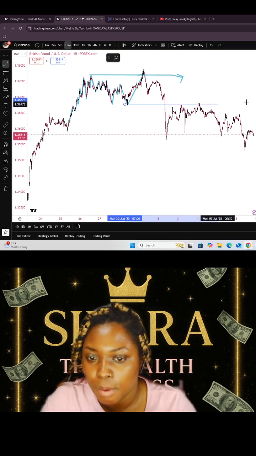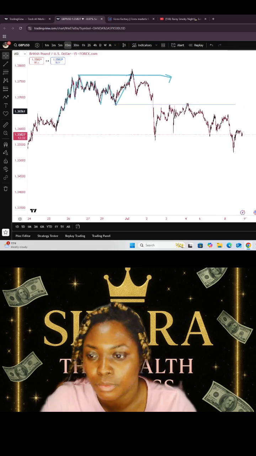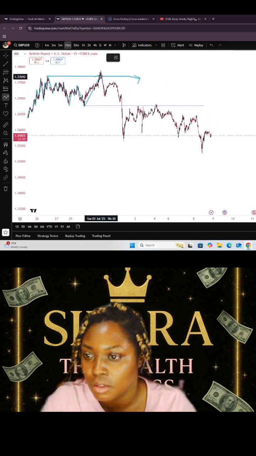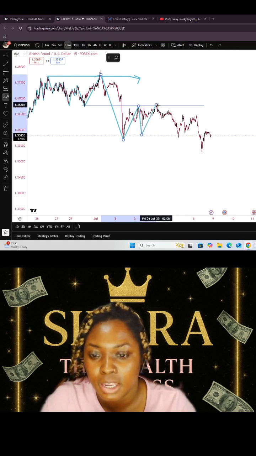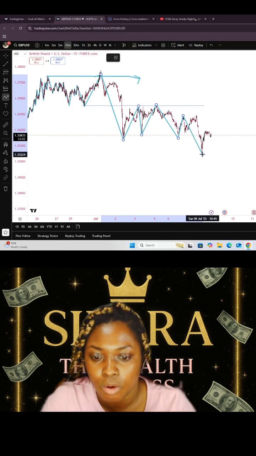This is where I'm looking for my break of structure. Look what price did. This is not a lower high yet because this was my last lower high. This is my new lower high. So this broke my last structure point, came back into this fair value gap, retested it, rejected, tested it again, and then gave me a lower low, a lower high, and then another lower low.